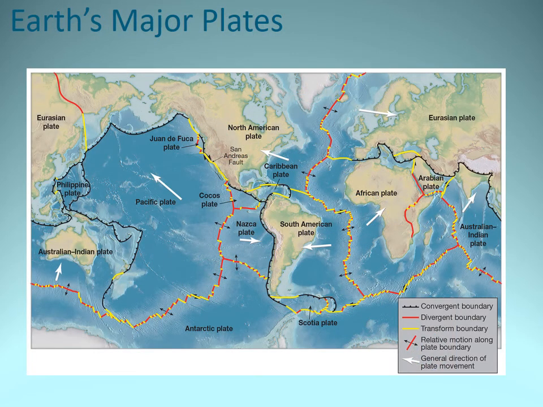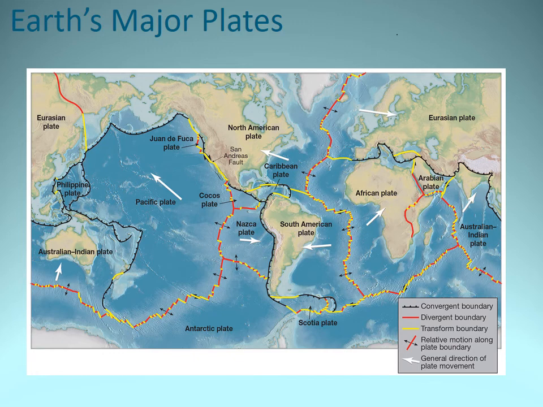Now, those are the processes behind pieces of crust, which are called plates, moving around. The boundaries of these plates, again, is where we find earthquakes and volcanoes. What this is showing you are different boundaries and how they're moving. If you have convergent boundaries, that means pieces of crust are being pushed together.